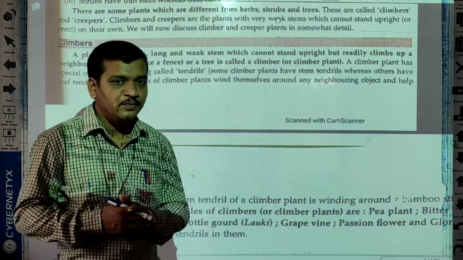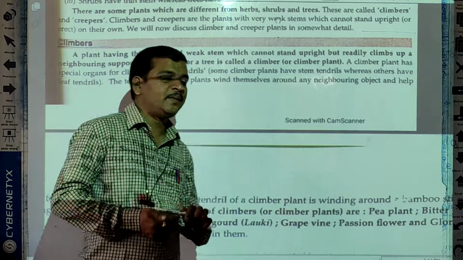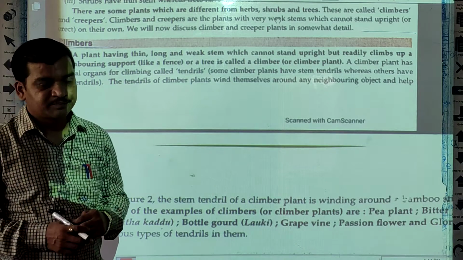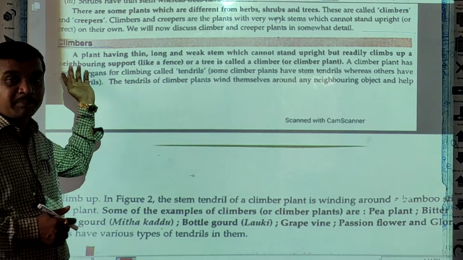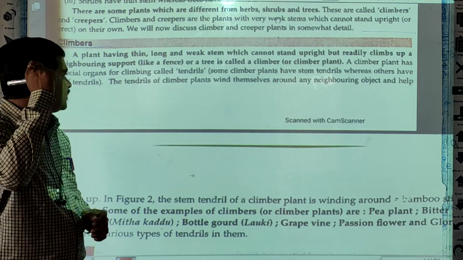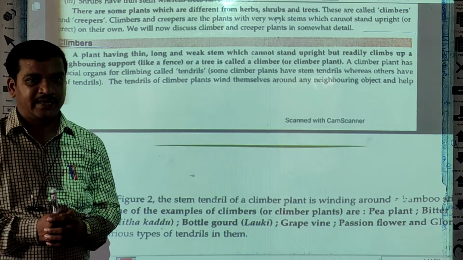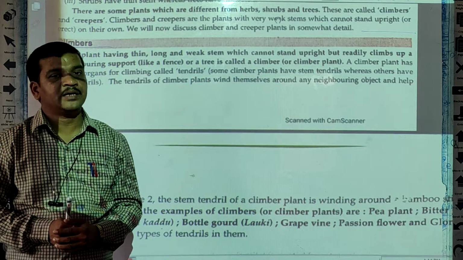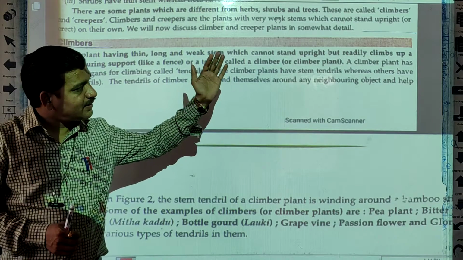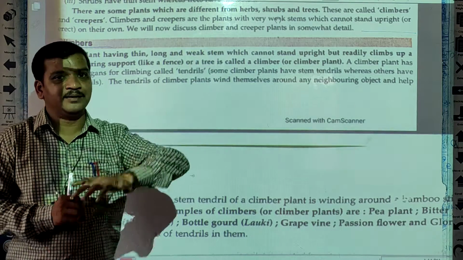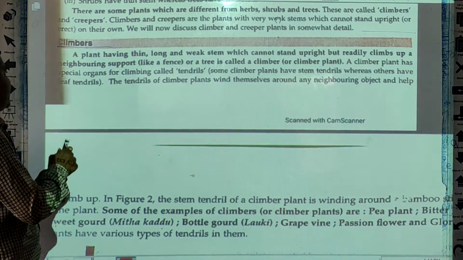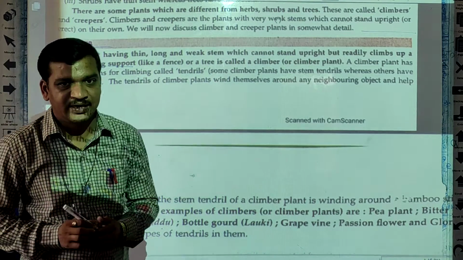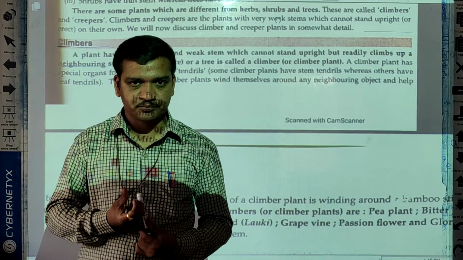Today we'll first talk about the climbers. So what is meant by climbers? A plant having a thin, long, weak stem, which cannot stand upright but can climb up a neighboring support like a fence or rope.